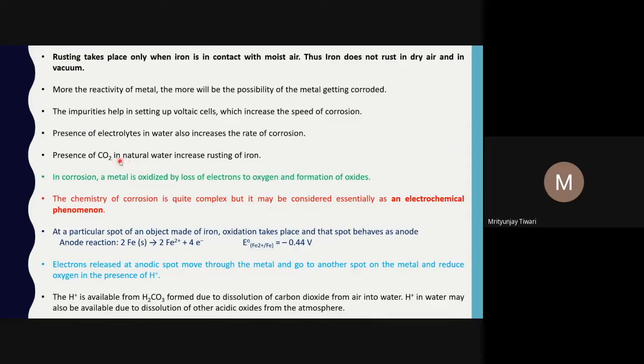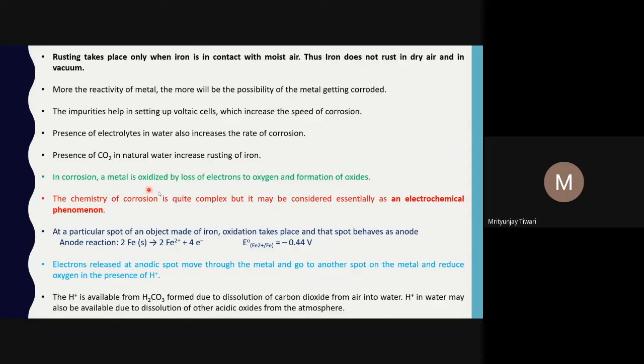The presence of CO2 in natural water also increases the rusting of iron. What does CO2 do in natural water? It forms carbonic acid, and carbonic acid provides H+ ions, and the H+ ions increase the rate of rusting.